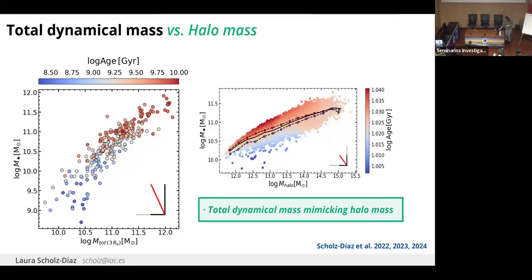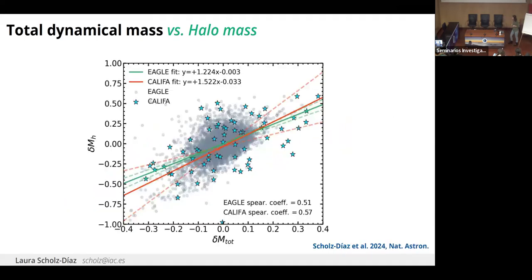And not only that, if we compare total dynamical masses and halo masses, these halo masses are from the group and cluster catalog from Yang, and you should focus now on the blue stars, which is CALIFA. Once we remove the dependence on stellar mass, both of halo mass and total mass, we see that those two parameters still correlate strongly with each other.